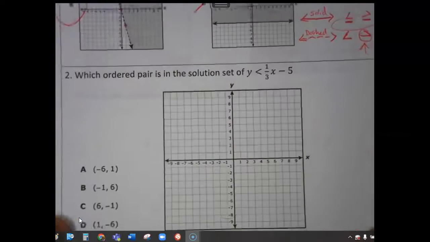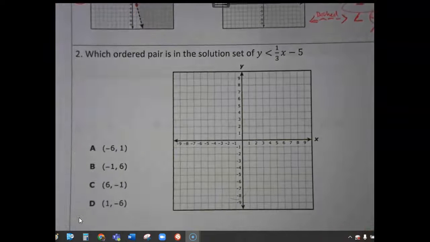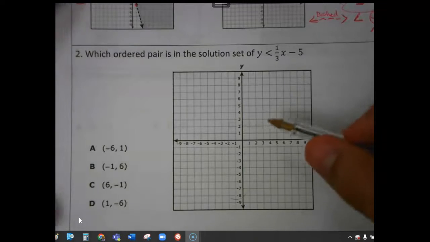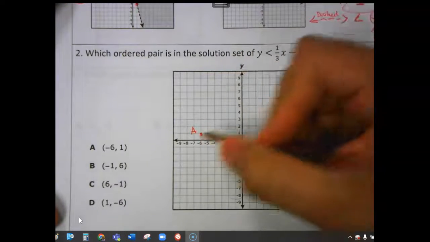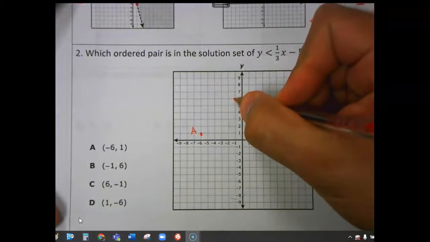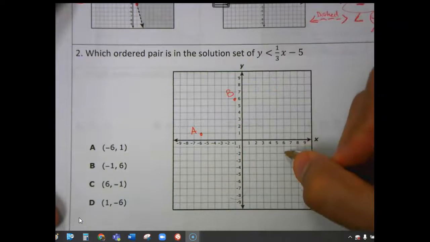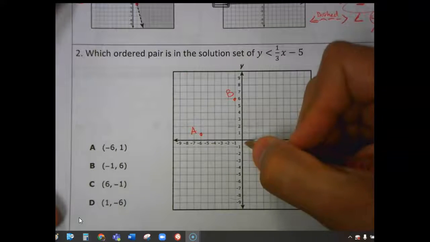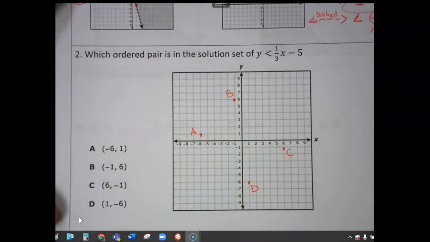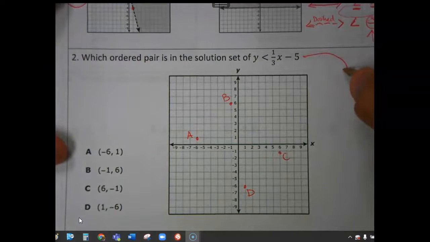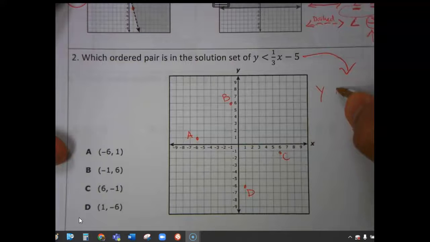Okay. Number 2, which ordered pair is in the solution set of this? Now, there's 2 ways to do this. Okay, you can actually plot all these points: (-6, 1), (-1, 6), (6, -1), (1, -6). You could plot all these points, and then you could figure out the mx + b.